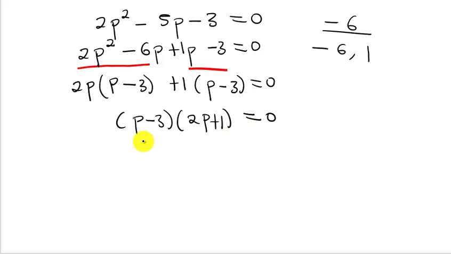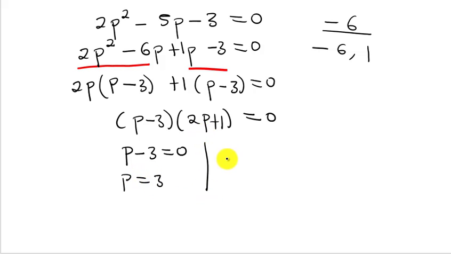Now we have two linear factors multiplying, and that is equal to 0. So what we are going to do is take each linear factor and equate that to 0. So p minus 3 is equal to 0. Solve for p, p will be equal to 3.